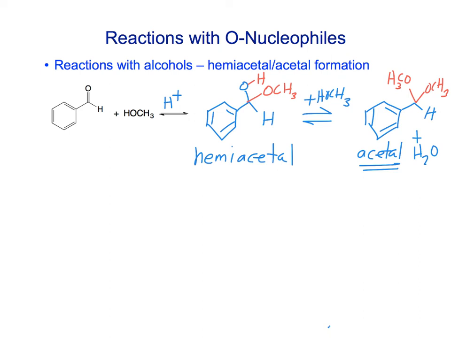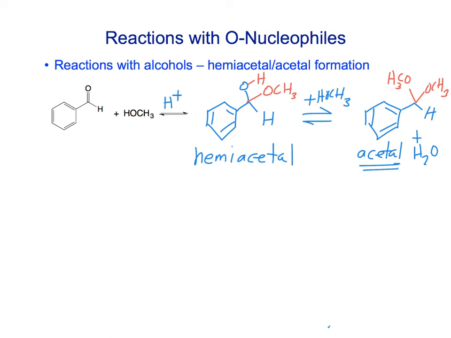Okay? So, if we think about how this is going to take place, it's going to be very similar to what we saw when we were doing the reaction with the amine, right? We have it in acid, it's going to protonate on the carbonyl, the alcohol can be the nucleophile. You're going to notice that the hemiacetal is essentially just a neutral tetrahedral intermediate.